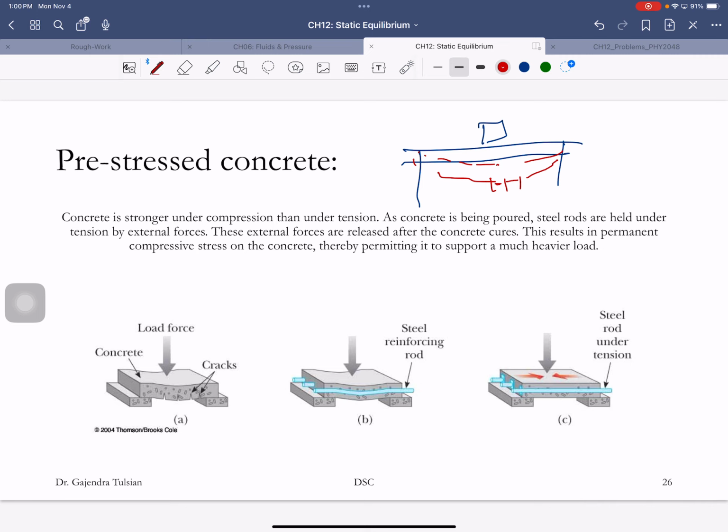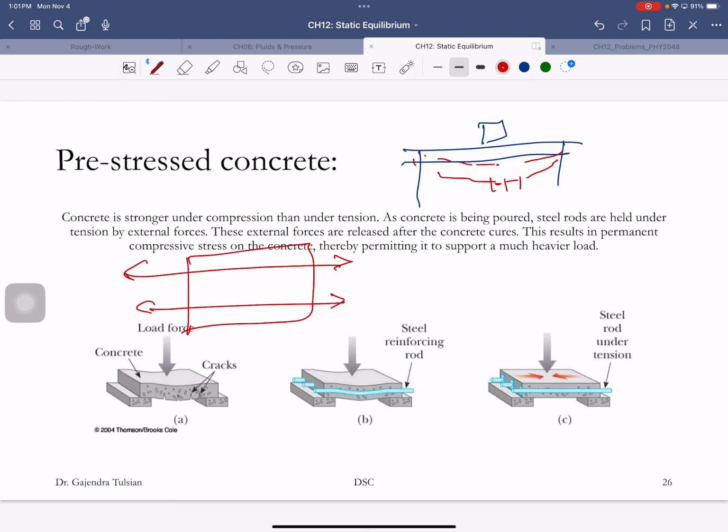What you do is you take these steel rods. When you build these spans, you take the steel rods and stretch them, put them under tension, then pour the concrete. So you have these steel rods that are under tension, and then you pour the concrete slab on top of it.